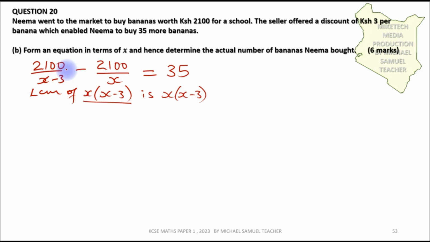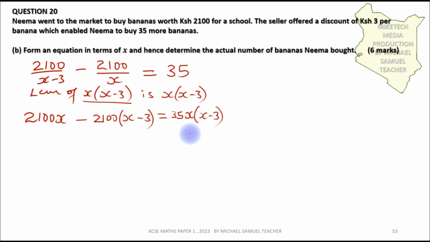If we multiply this term by the LCM, we are going to get 2100 times x, and x minus 3 will cancel, then minus the other one, x and x will cancel, so we have 2100 times x minus 3, will be equal to 35 times x times x minus 3.